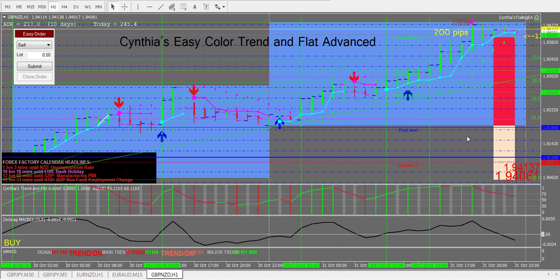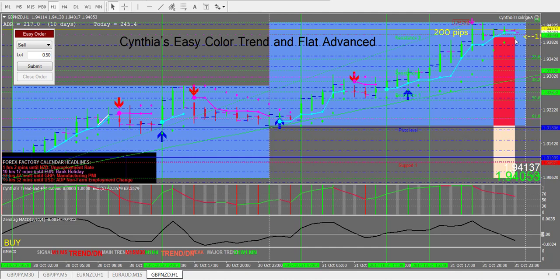You can trade the retracements, which are small swings within the larger swing. And in a 15-minute chart, you can really see the pullbacks very easily. And I like to look at the higher time frames to see the major trend, and then jump down to a 15-minute time frame to make my entry.